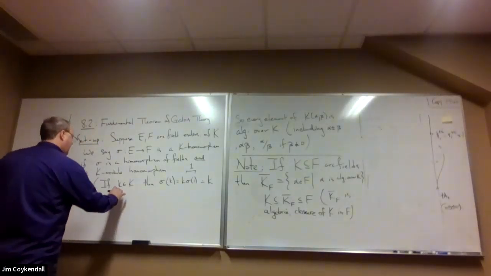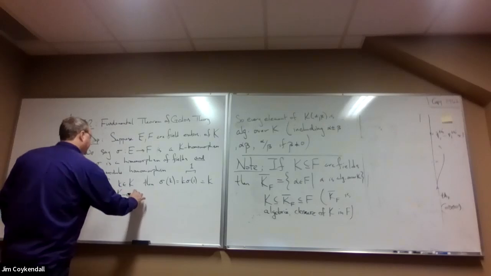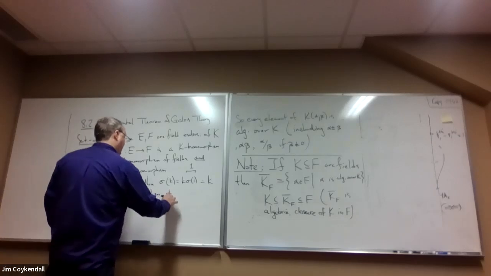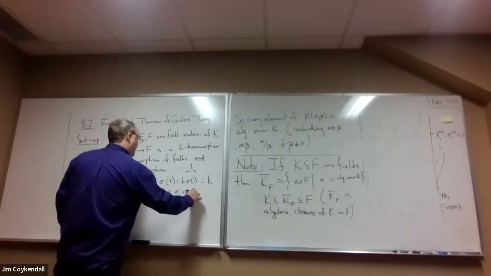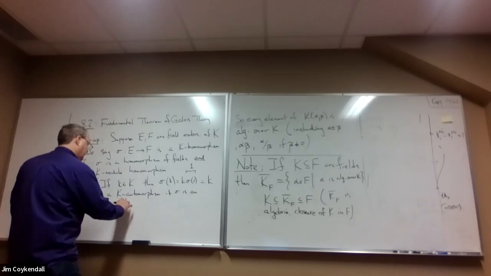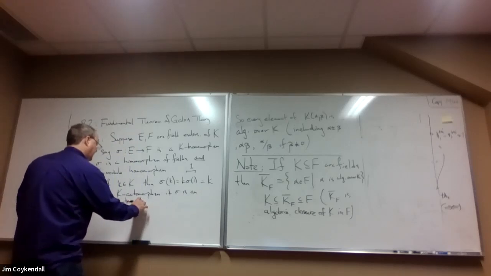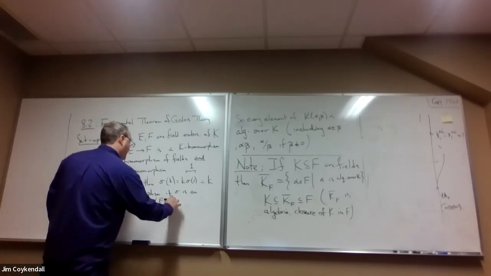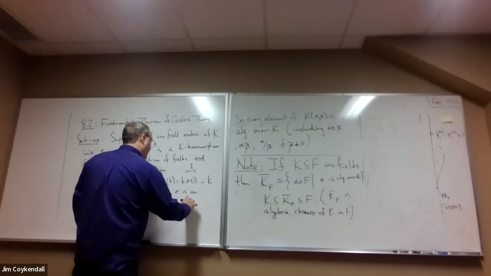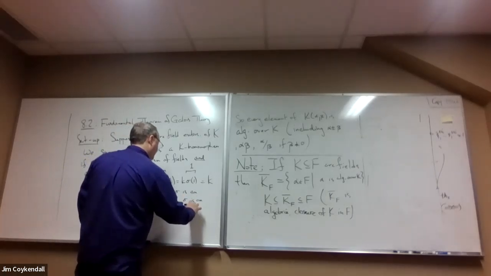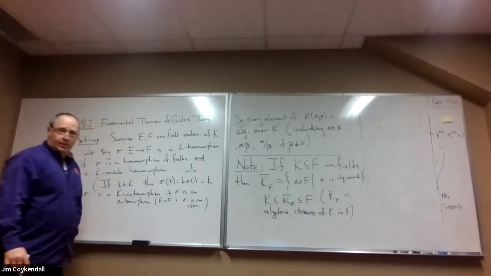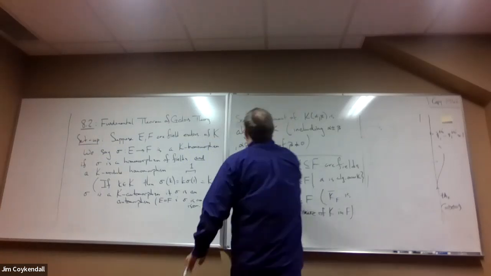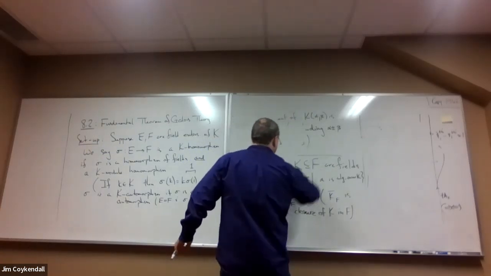Is a K automorphism. So sometimes sigma is... so an automorphism just means an isomorphism from a field to itself.